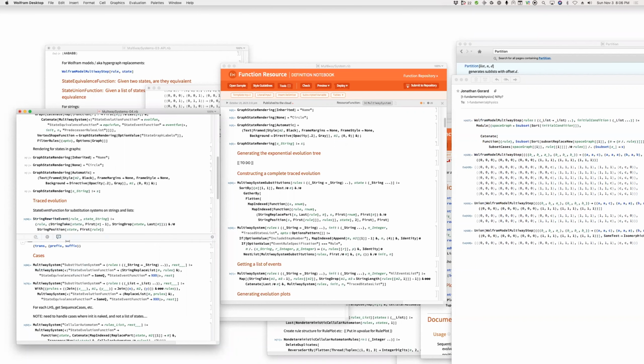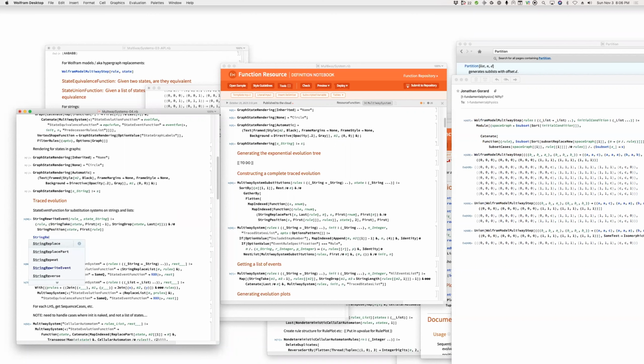Okay, so then the full version of this is string rewrite events, which has plural rules and plural states, right?